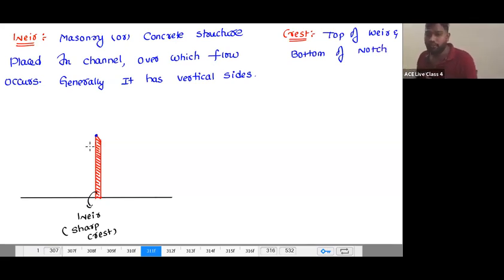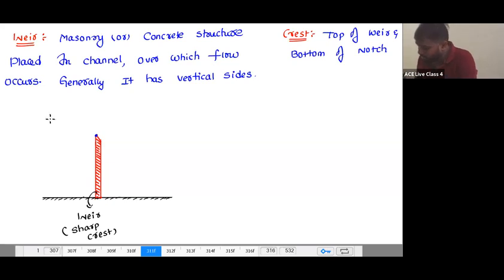Now, if you see the cross section, you can observe this is a channel bed, and I told you the weir is a masonry or a concrete structure placed in the channel over which the flow is going to happen. You know pretty well the analysis we have seen on the upstream and downstream.